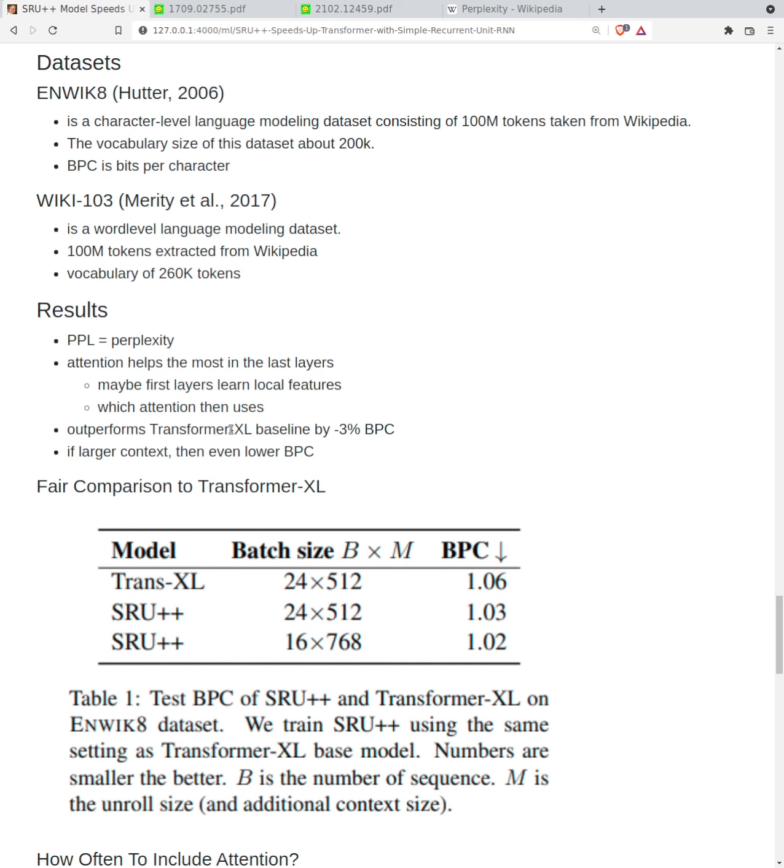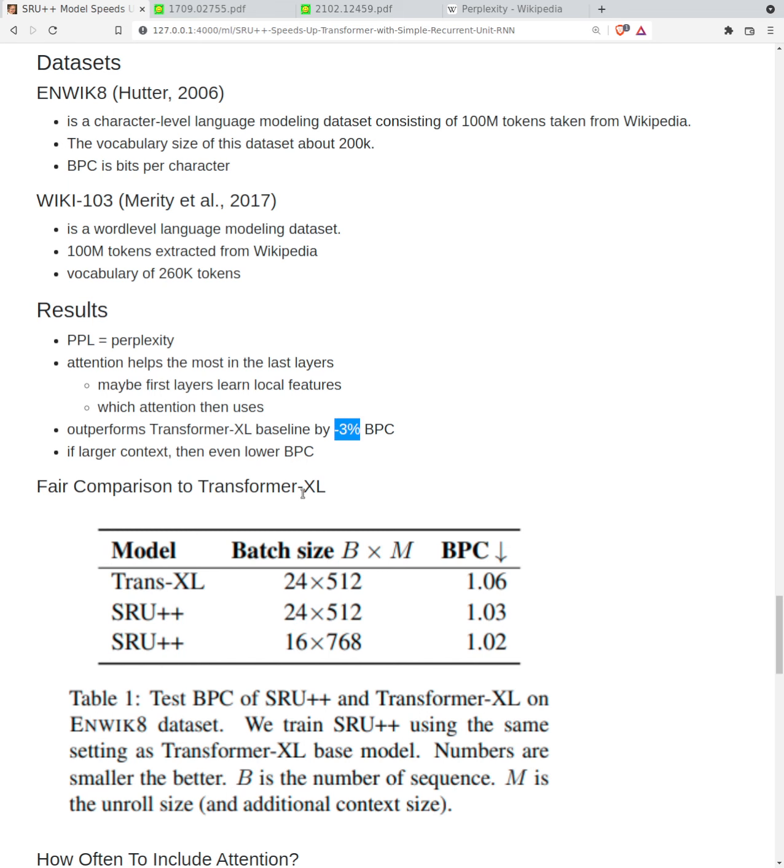If you saw it in the graphs, basically this SRU++, this recurrent network combined with self-attention, outperforms Transformer-XL while being faster. Right, so it outperforms by 3% BPC, you could say. So that's quite a lot.